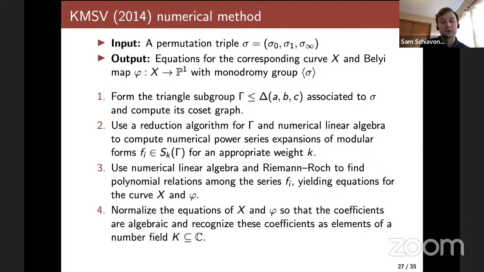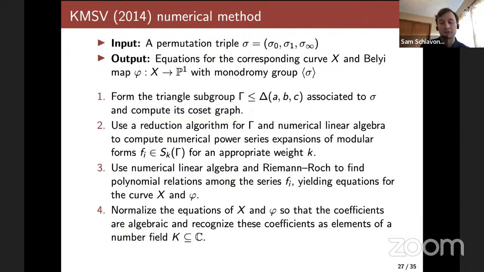All right, and finally, these two steps are both numerical: numerical linear algebra, numerical linear algebra. So now we're trying to get exact equations back. We normalize the equations of X and phi so that the coefficients are algebraic, and then we recognize these coefficients as elements of some number field K over Q. In the beginning, I said that things could be defined over Q bar, but a curve is defined by finitely many equations with finitely many variables, so it must lie in some finite extension of Q, some number field K. After this step, we've recovered exact equations.